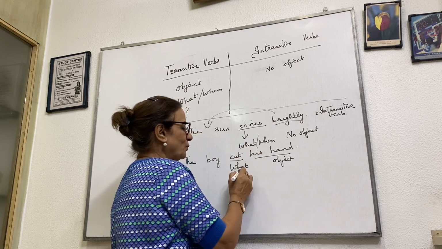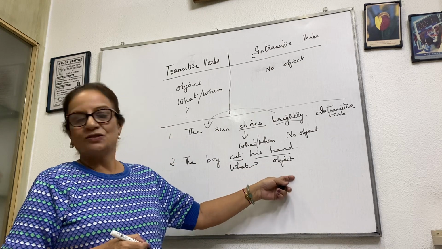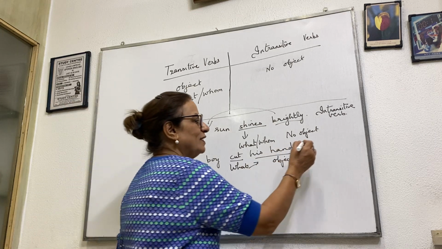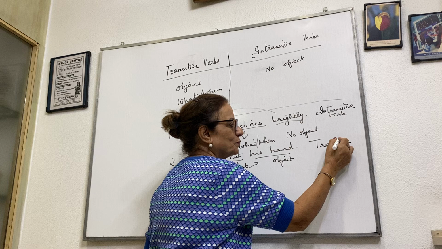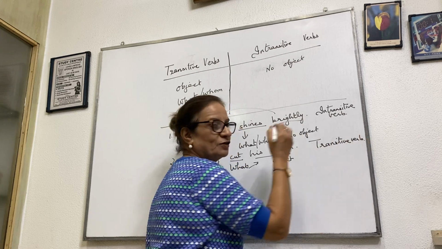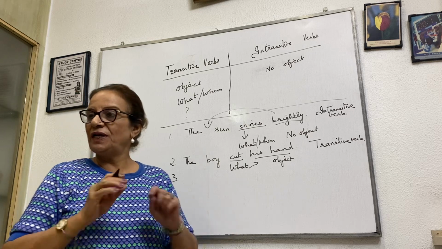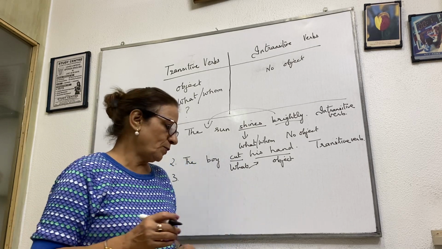It is answering the question what? Cut what? Cut his hand. So that means his hand is the object, so it is a transitive verb. Try another one. If you follow this, you will never go wrong between transitive and intransitive. Let's try another one.